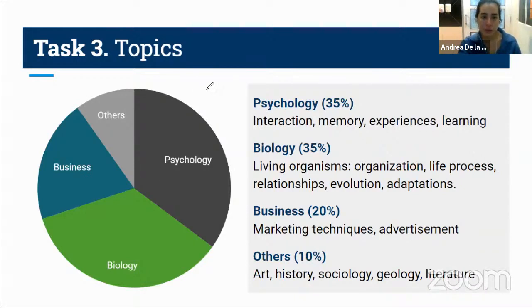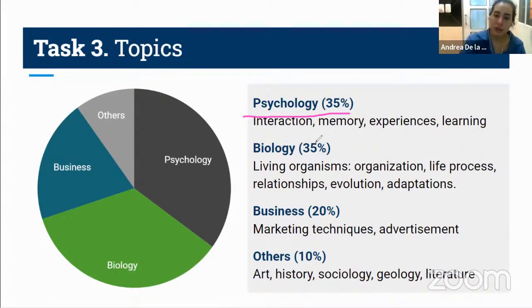So in this question specifically, task number 3, and I'm getting ahead and telling you that it's going to be the same for task number 4, the topics that you get are always the same. 30% of the time you get a psychology topic. So it will be something about our mind, how it works, how we interact with each other, how we process memories, how we experience certain emotions, how we experience certain things, how we learn.